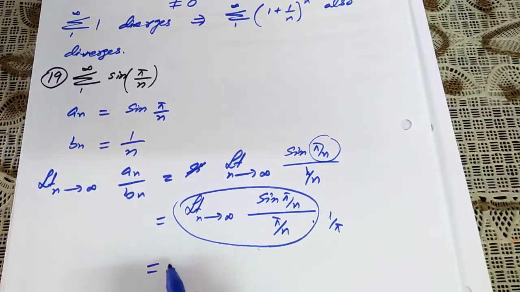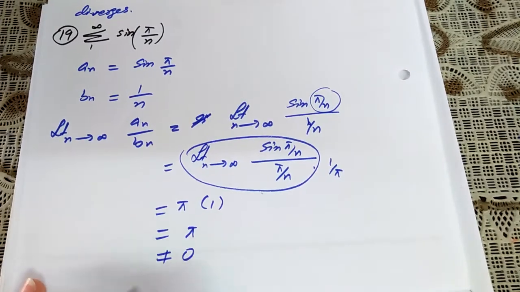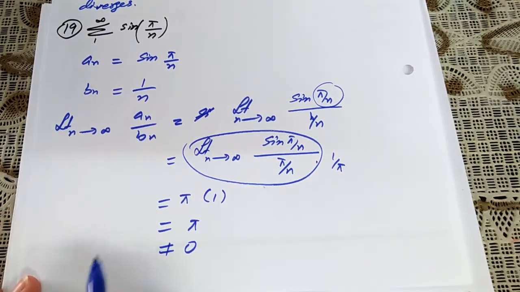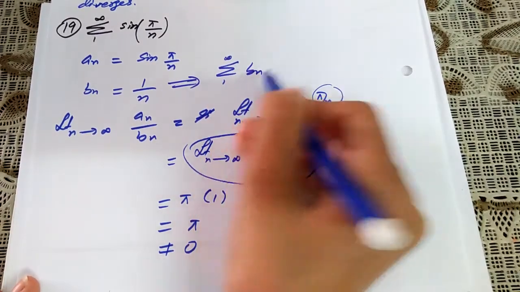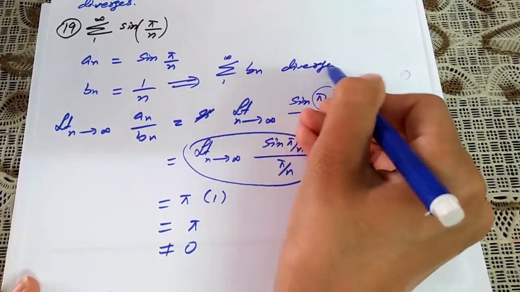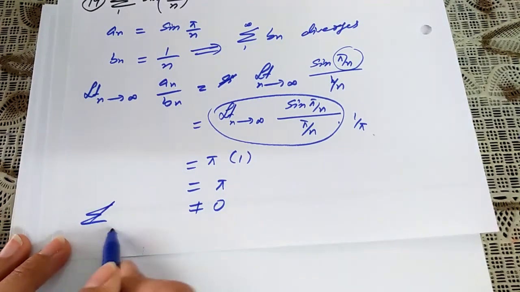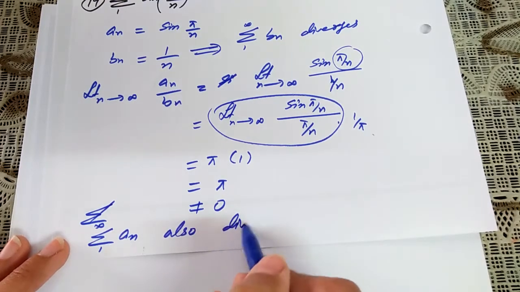So pi will be moved up, we'll get pi into 1, that is equal to pi here. This pi is not equal to 0. So whatever behavior we get for bn will also be the behavior for an. And we know that summation 1 to infinity bn diverges because it is a harmonic series. So this implies that summation 1 to infinity an also diverges here.